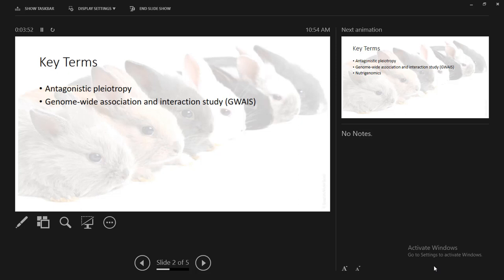So a lot of times these genome-wide association and interaction studies are done as retrospective studies, where they'll recruit people with the genetic illness, they'll recruit people without the genetic illness, and then they'll basically look at everything in the lives of both groups. They'll look at their entire genome, okay? Looking for places in the genome, specific mutations that correlate with that genetic illness.